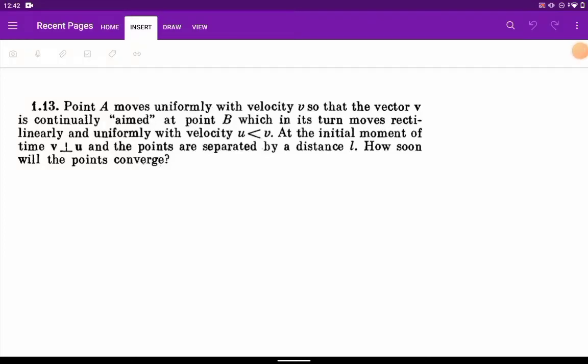So this problem is basically also on relative motion. Point A moves uniformly with velocity v, so that the vector v is continually aimed at point B, which in its turn moves rectilinearly and uniformly with velocity u less than v.